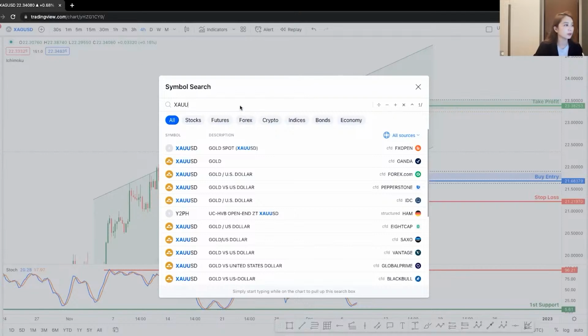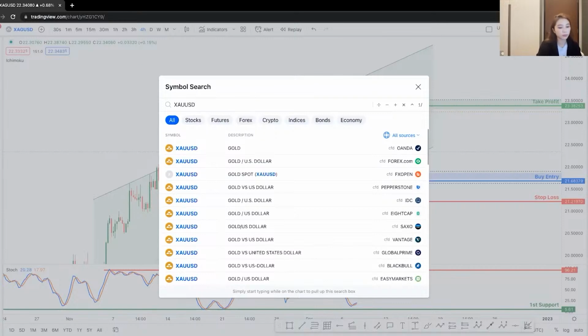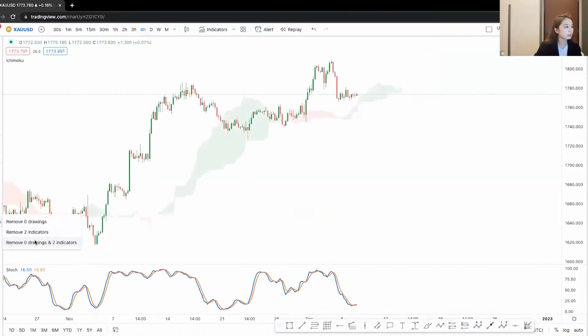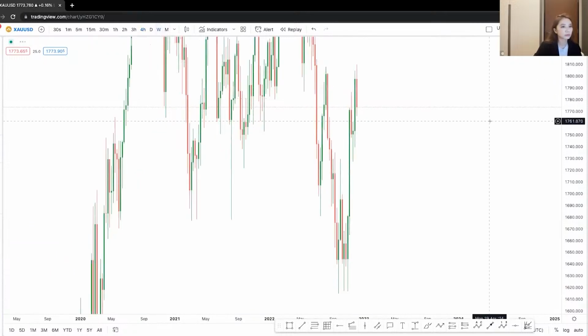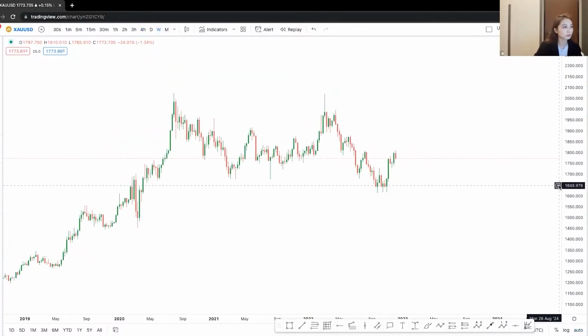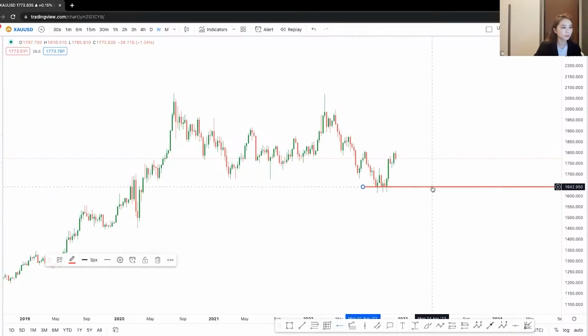Okay, I think it's fine now. Let's look at gold. Very obvious support here.